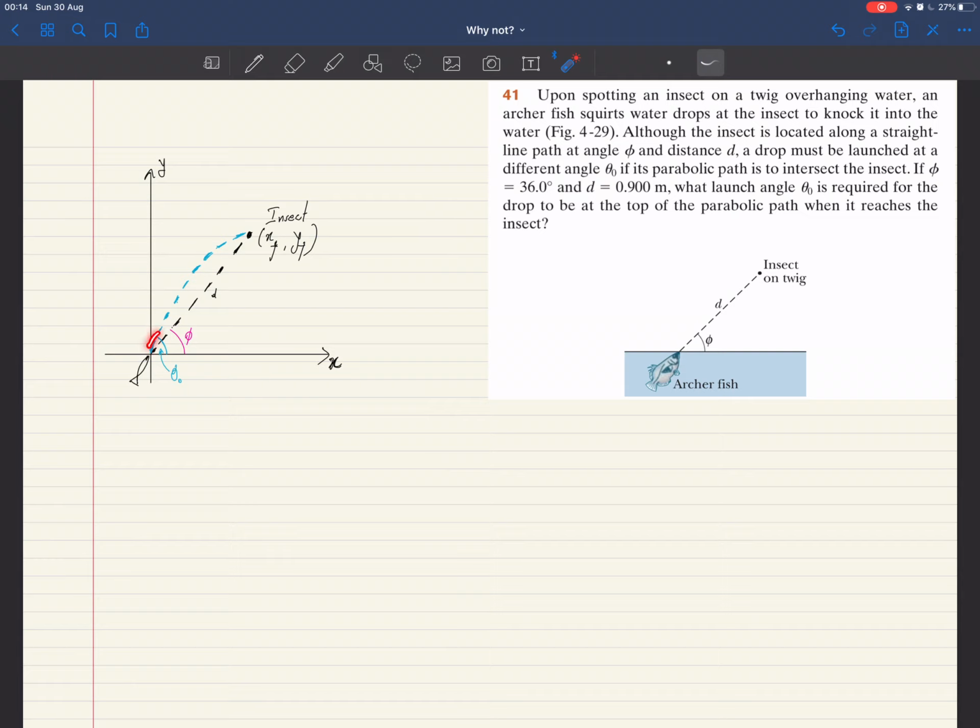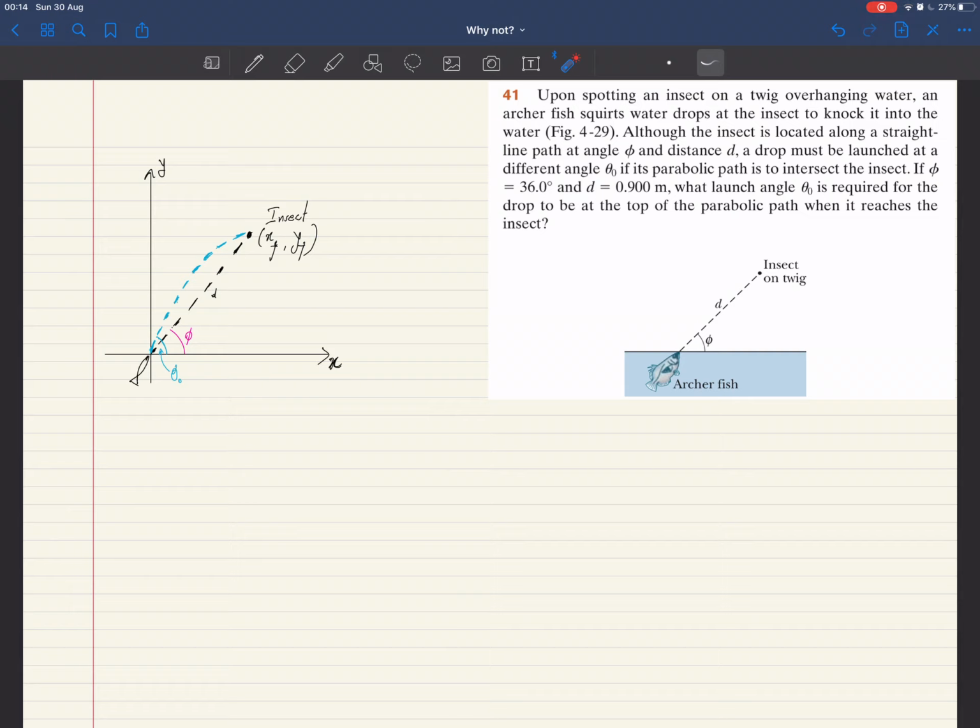Maybe let me draw it like that. We want the water to hit the insect exactly as the droplet reaches its max height. And we know what condition dictates whether we've reached the max height or not.